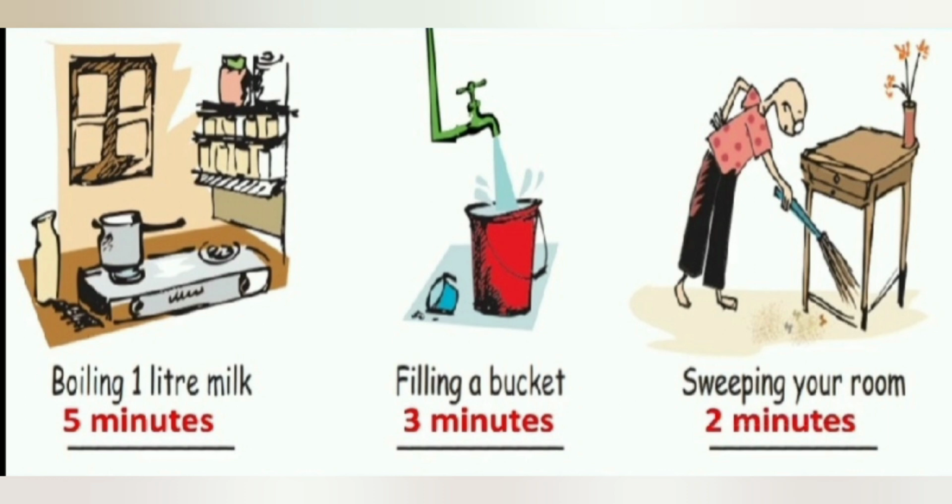Once again, it depends upon how the flow of water is at your house. For me, it will take 2 to 3 minutes for filling a bucket. Now next is sweeping your room. It depends upon the size of your room. Yes, for me, it will take 2 minutes.